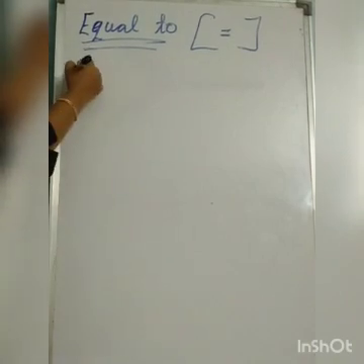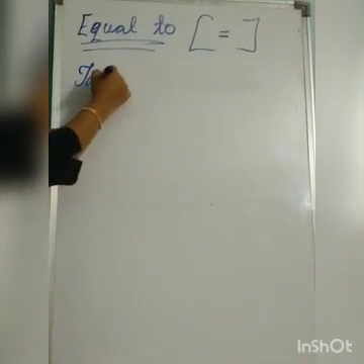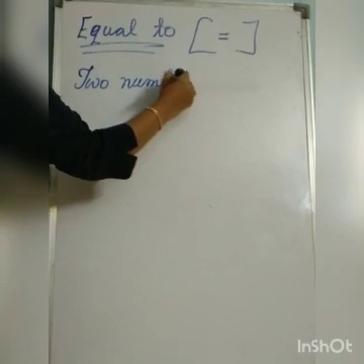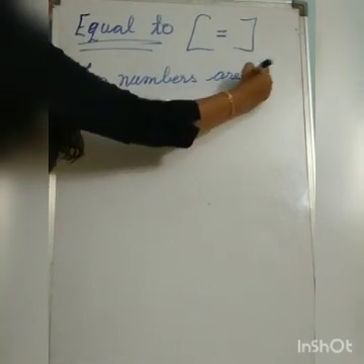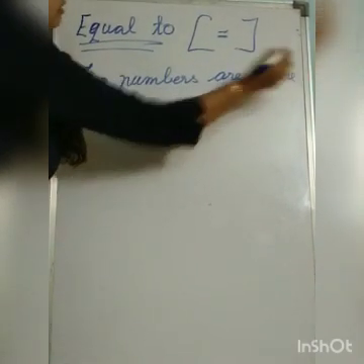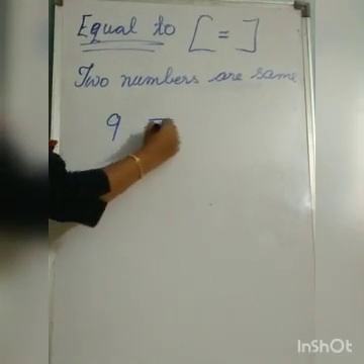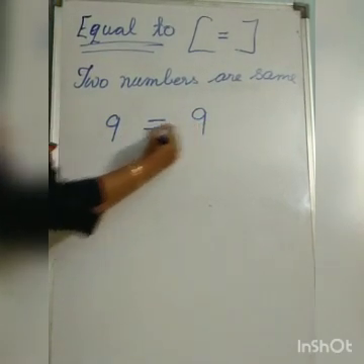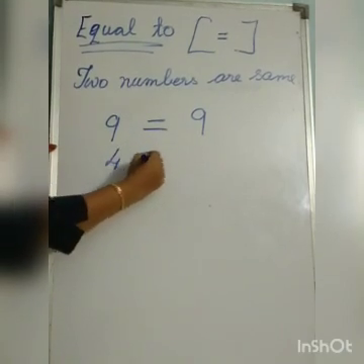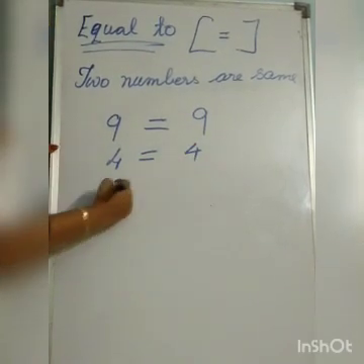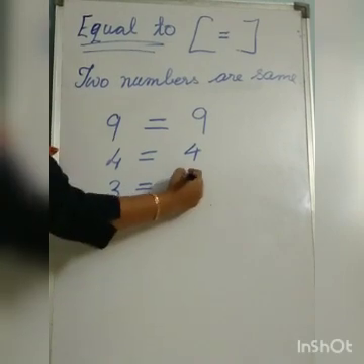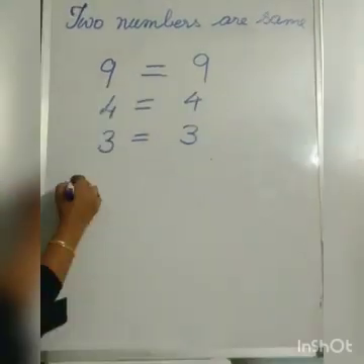That means the two numbers are the same. 9 is equal to 9. 4 is equal to 4. 3 is equal to 3.